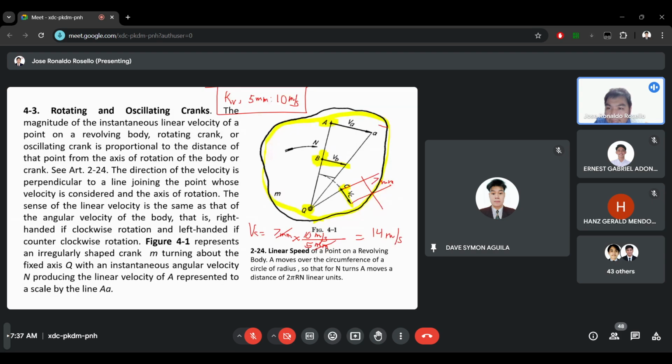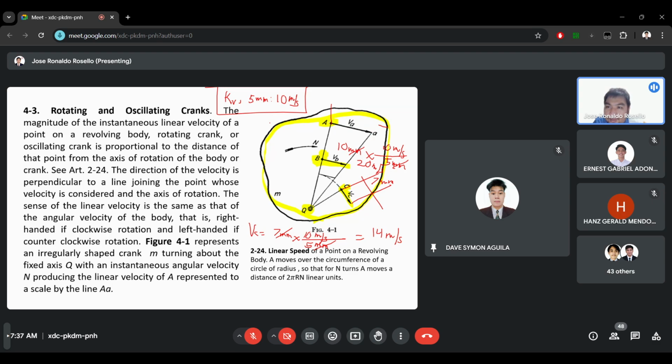If we want the velocity at B, we have to measure it using a ruler. For example, we measured here 10 mm, and we just multiply it by the velocity scale, 10 meters per second over 5 mm. Then we will have the velocity at 20 meters per second. The units cancel: 10 times 10 is 100, divided by 5 is 20. And lastly, velocity A is the same way.